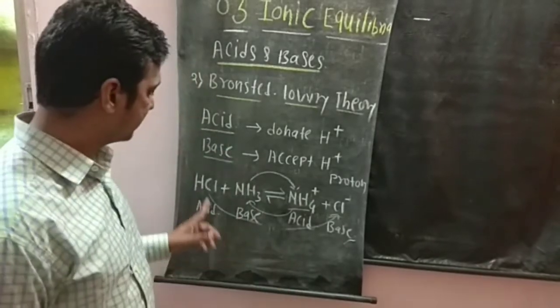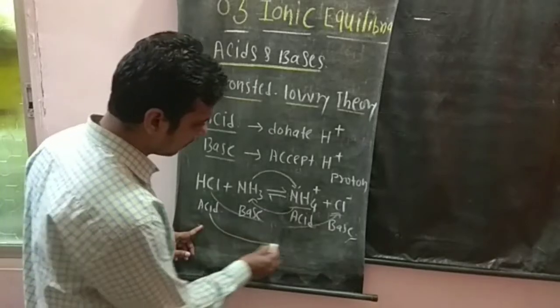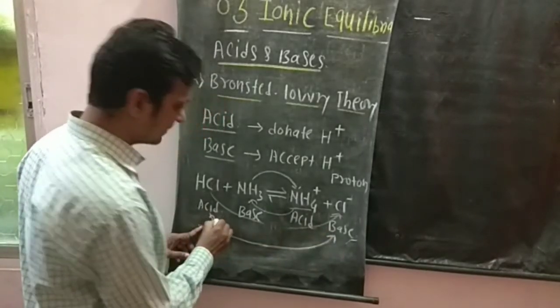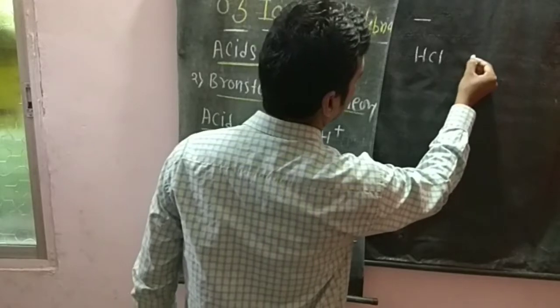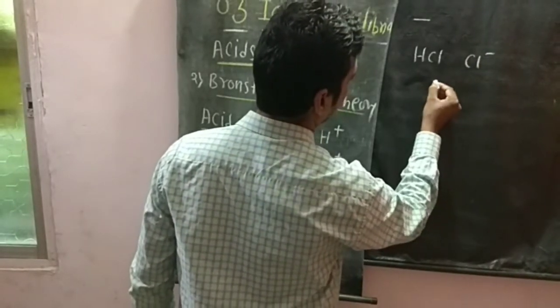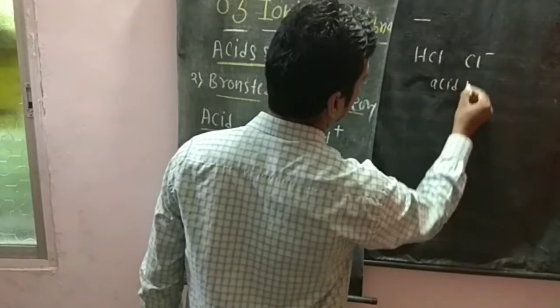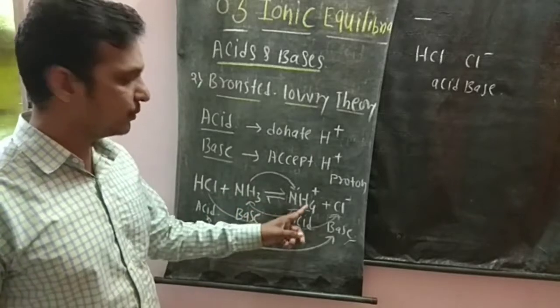For example, HCl converted to Cl minus ion, means this is one pair of acid and base. So HCl and Cl minus ion is one pair of acid and base. And also the reaction contains a second acid base pair, which is NH3 converted to NH4 plus.